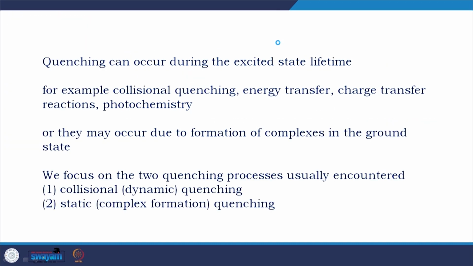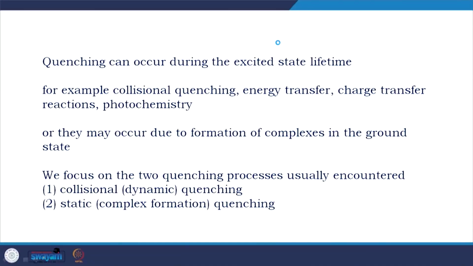Quenching can occur during the excited state lifetime. For example, collisional quenching, energy transfer, charge transfer reactions, photochemical reactions, or they could occur due to formation of complexes in the ground state. So, when the molecule goes in the excited state, quencher could go and interact, or they could form complex in the ground state.